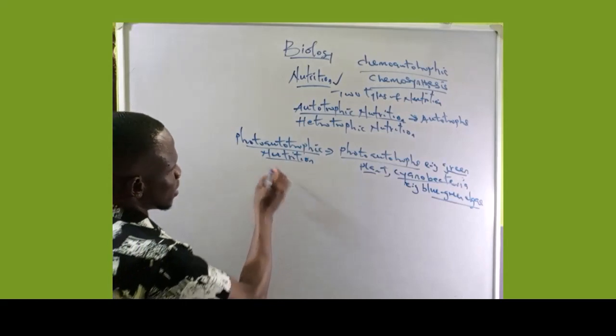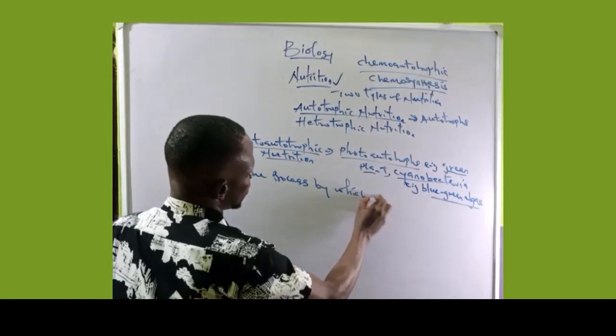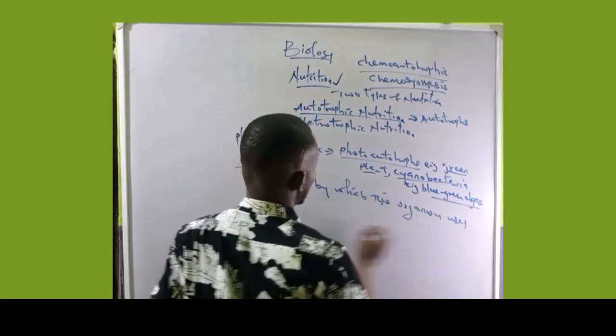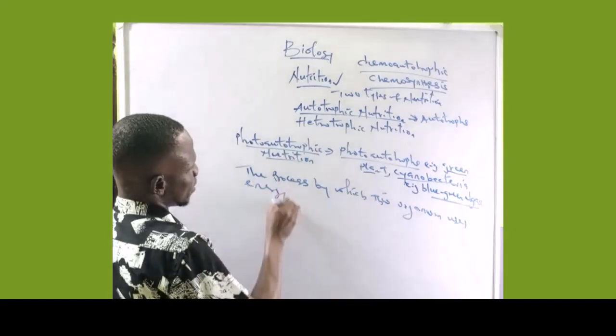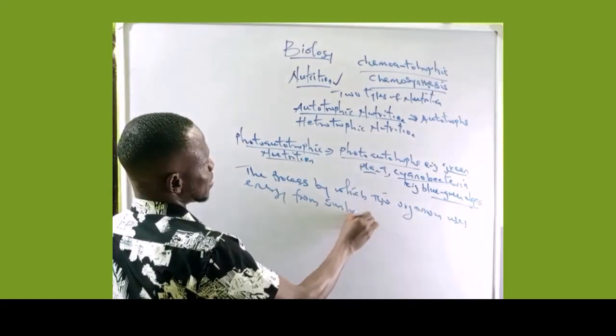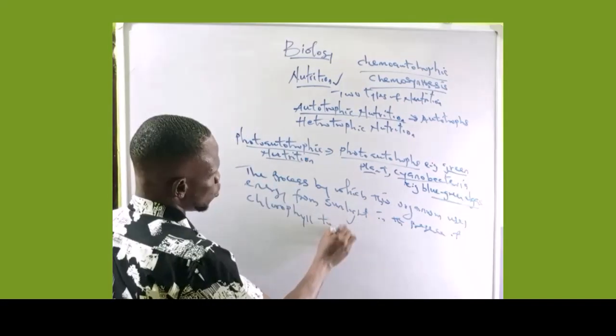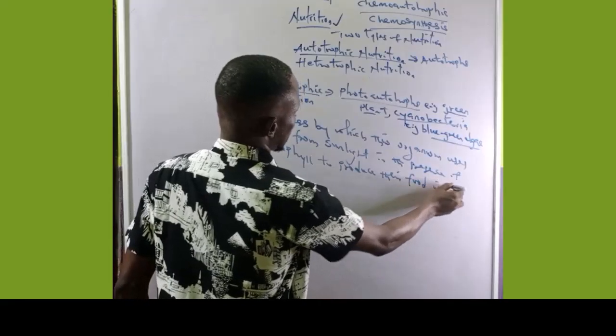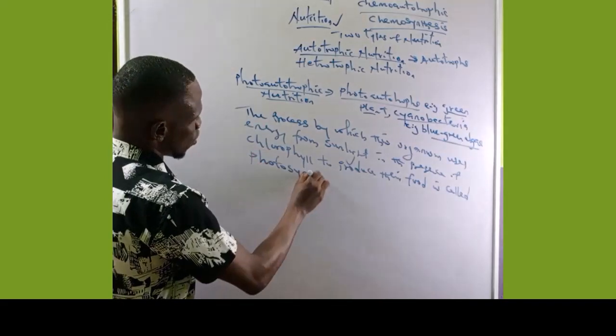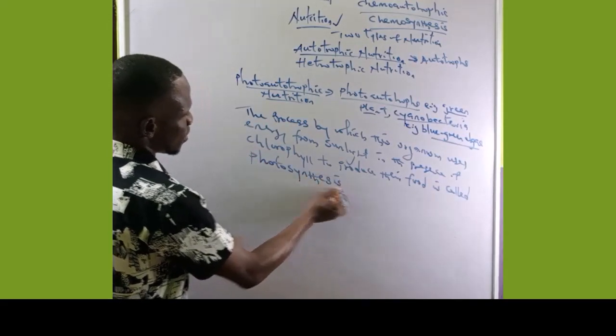So the process by which these organisms use energy from the sunlight in the presence of chlorophyll to produce their food is called photosynthesis.